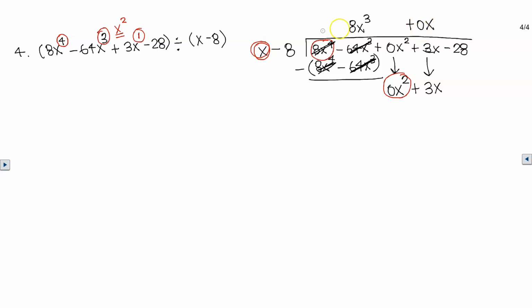All right, so 0x times x would be 0x squared. And 0x times negative 8 would be 0x. Then we subtract. 0 minus 0, not too exciting there. 3 minus 0. And then we bring down our minus 28.